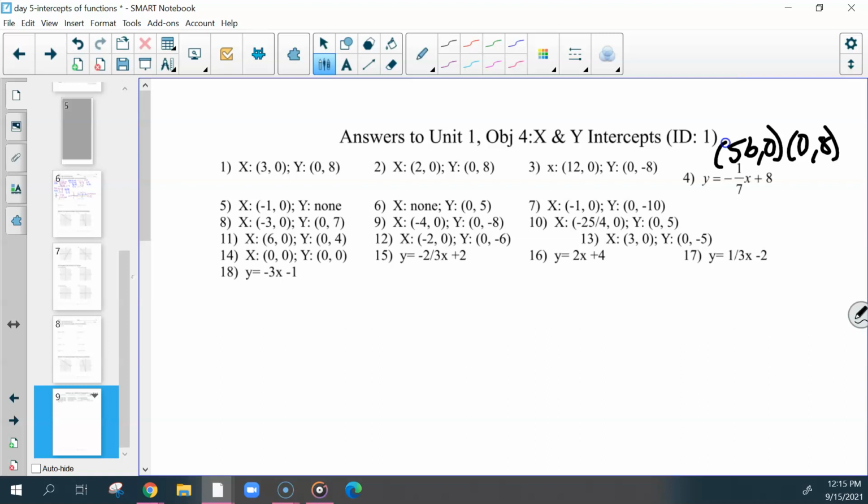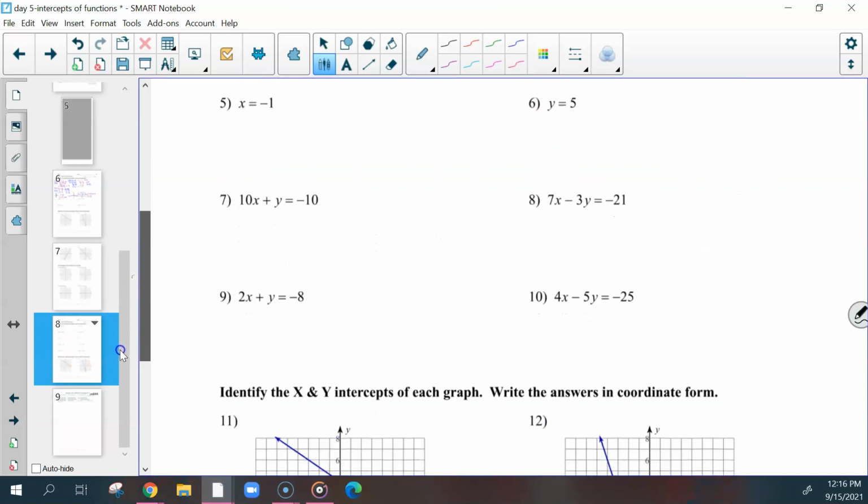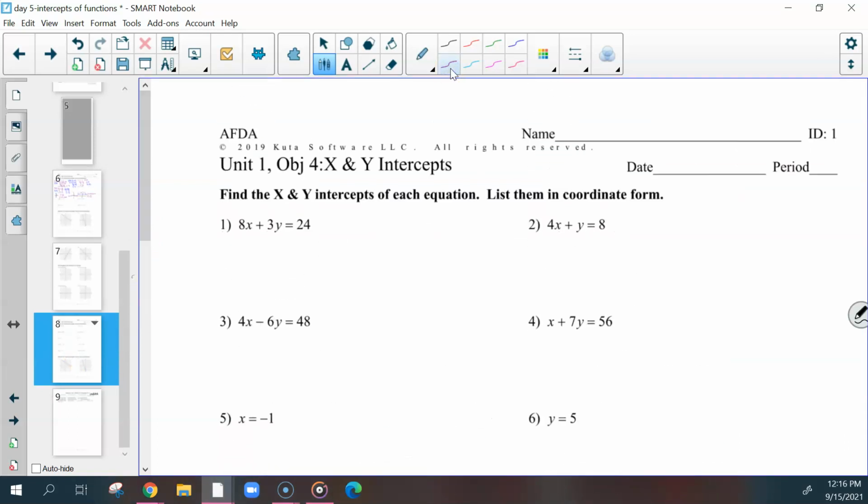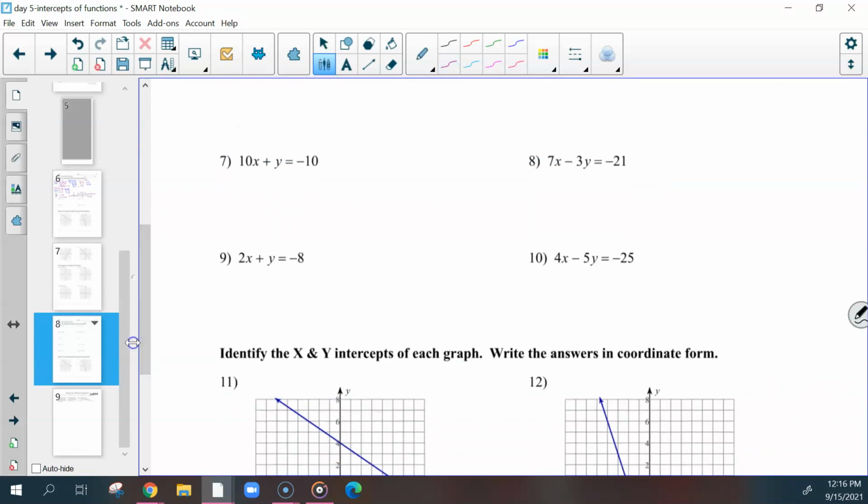Okay, so for number 8, let's find it. This one has 2 negatives. When you're solving for y, make sure you're dividing both by the negative to get that positive.